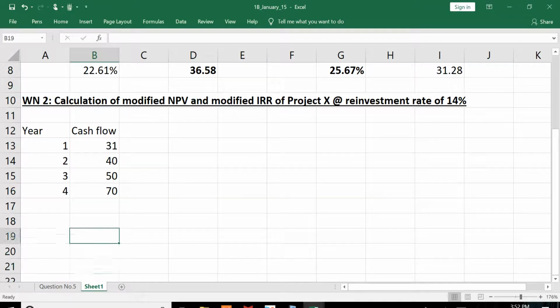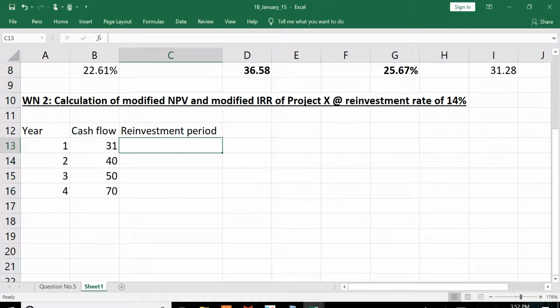Now listen. Reinvestment period. Keep listening to this cash flow, I'll tell you when to note down. What I receive in the first year will be reinvested for 3 years. This will be reinvested for 2 years. This will be reinvested for 1 year, and this you get immediately, no concept of reinvestment.